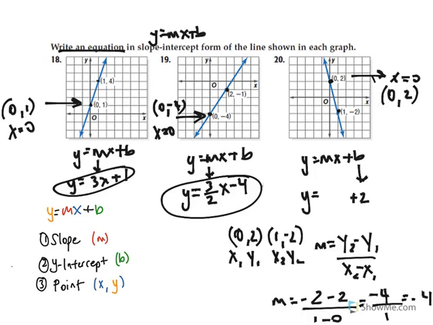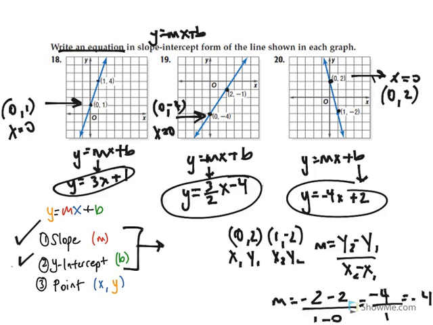The slope is -4. I substitute in here, and I get the equation of my line. So in this problem, they gave us 2 points, and we found the slope. And then we looked at the graph and found the y-intercept, and we used these two things to write our equation.